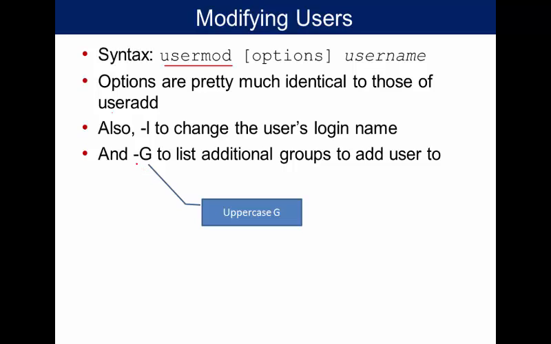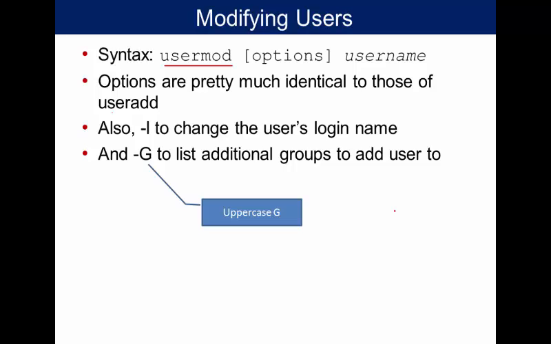Another option, -g, is to list additional groups to add the user to. For example, some user wants to be in more than one group. I want to be in the group of faculty. I want to be in the group of administrator. I want to be in the group of computer club. So more than one group.